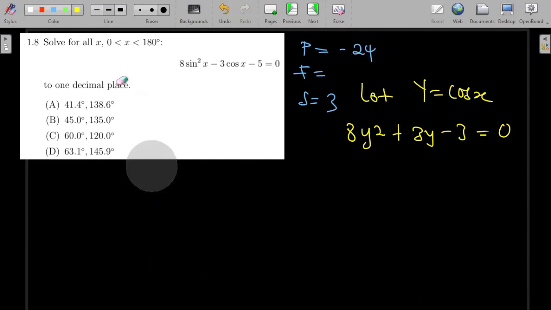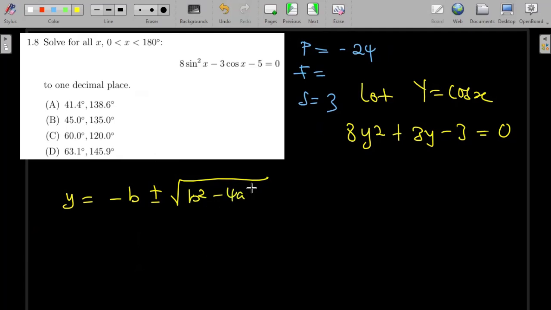Now let's find y using the quadratic formula. It will be y is equal to minus b plus or minus the square root of b squared minus 4ac, divided by 2a.